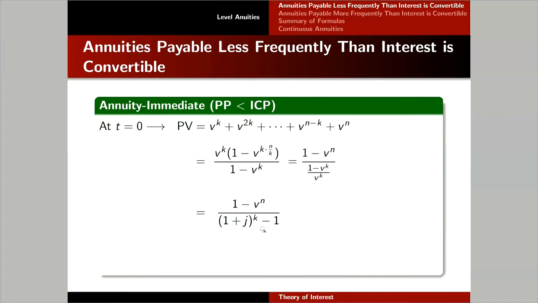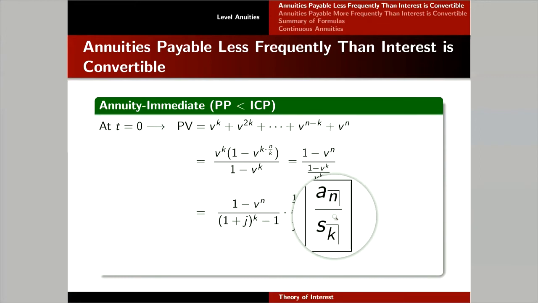Okay? You're going to have this. To simplify further, let's multiply both the numerator and the denominator by 1 over J. So 1 minus V to the N over J, this is simply your A angle N. Right? And then 1 plus J raised to K minus 1 all over J, that is exactly your S angle K. That's why you have that.